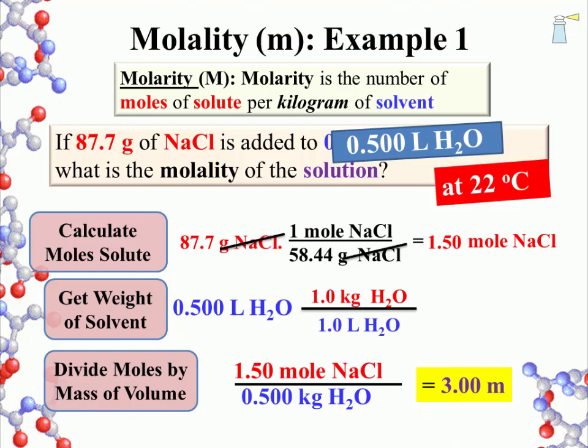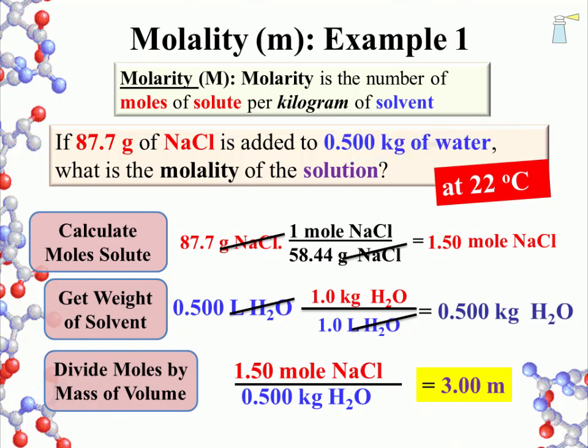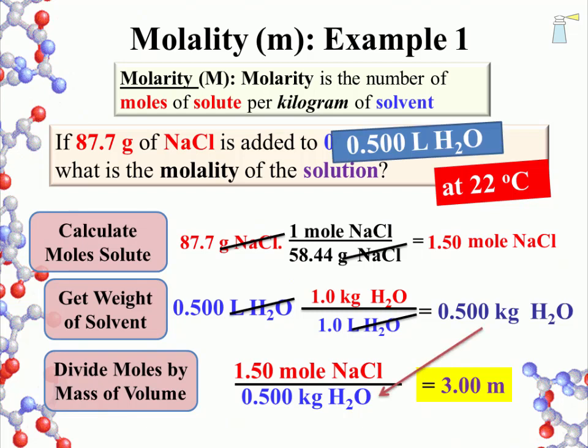The temperature of the solvent needs to be included to make this conversion. Now, units can be canceled and a final value obtained. The 0.500 kilograms of water is the same value the problem originally provided. So the step 3 calculation is the same, with the same 3.00 molal answer.